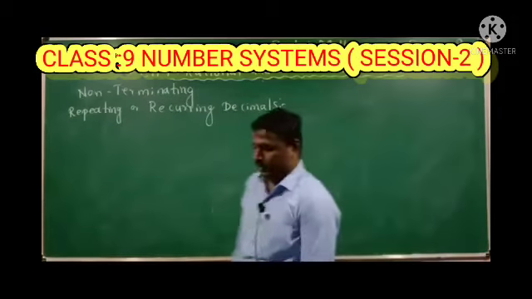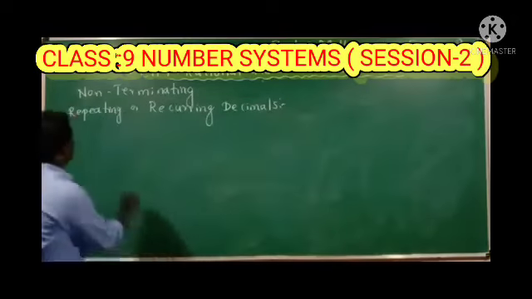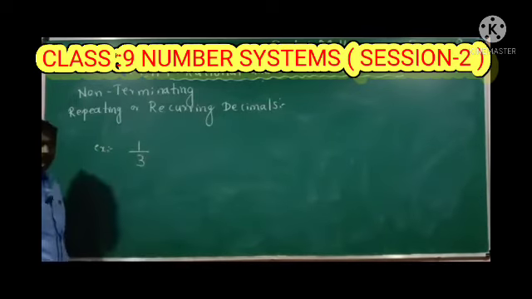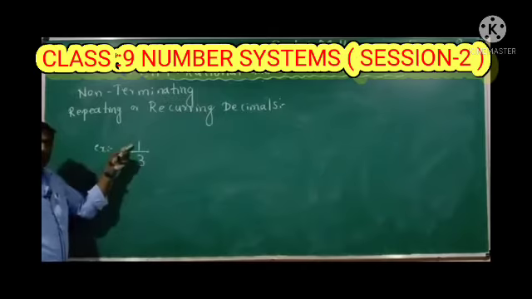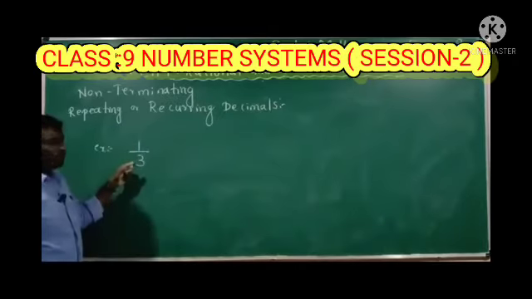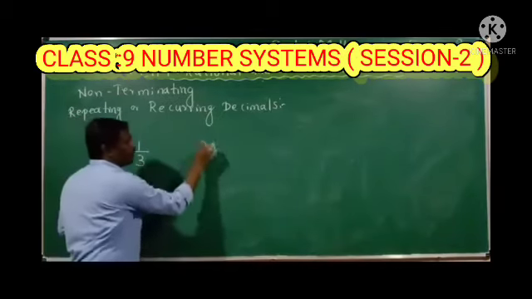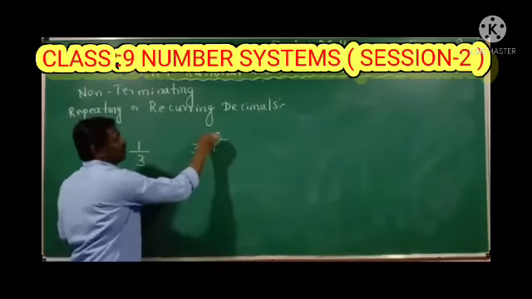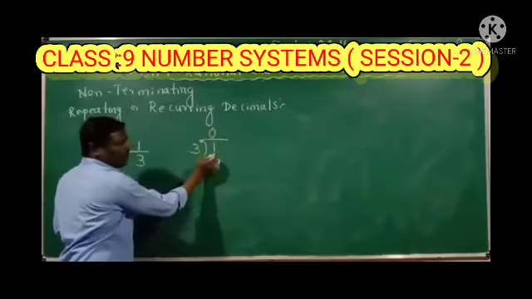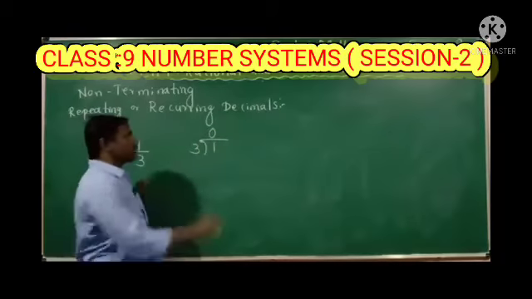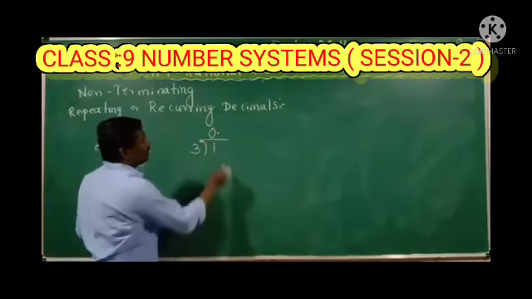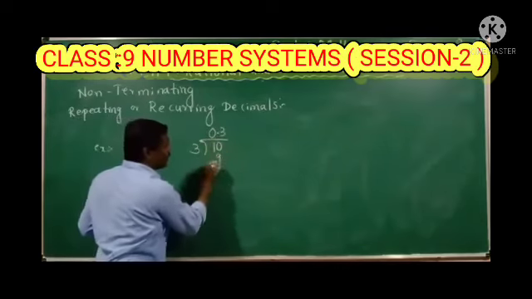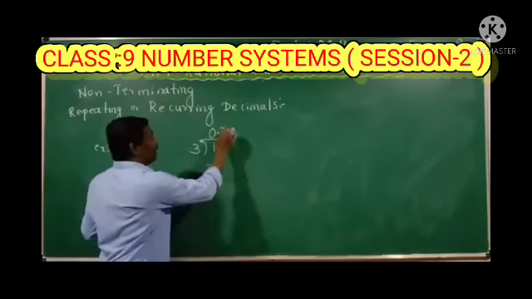For example, take 1 by 3. Just divide the numerator by the denominator 3. 1 is not divisible by 3, so I take the point and it becomes 10. 3 3s are 9, remainder 1.